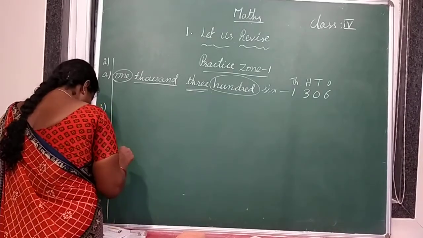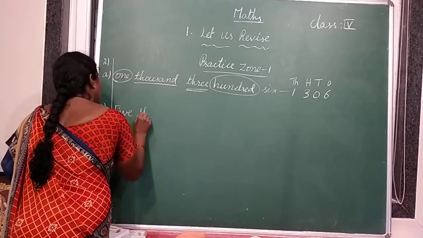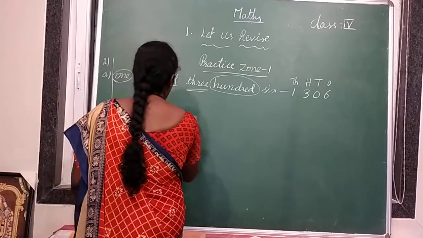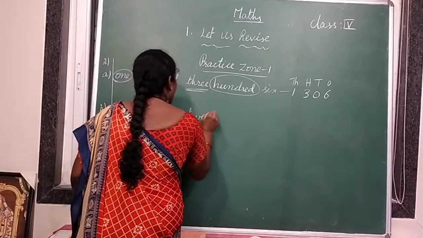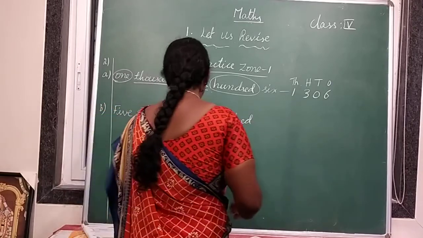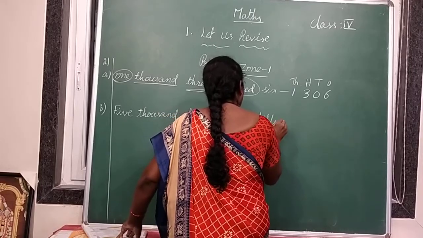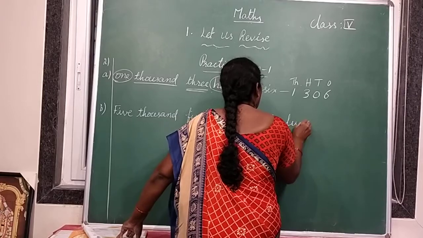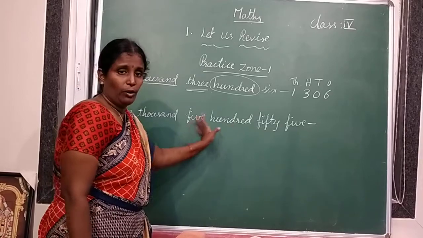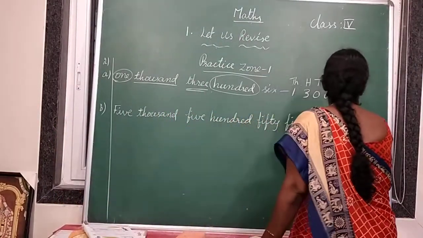B1, 5555. You have to write the number. So to write the number, first place values we have to write.